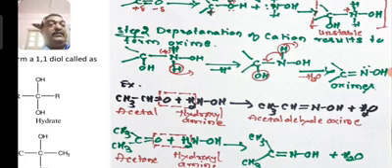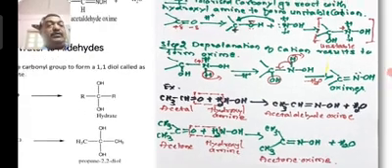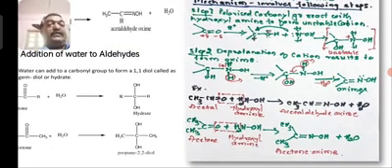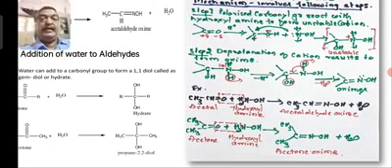There is a formation of acetaldehyde oxime, CH3CH=NOH. This is a specific example. Similarly, you can take acetone. Acetone will again lose a molecule of water to form the product called acetone oxime. So this is another important reaction mechanism pertaining to aldehydes and ketones.